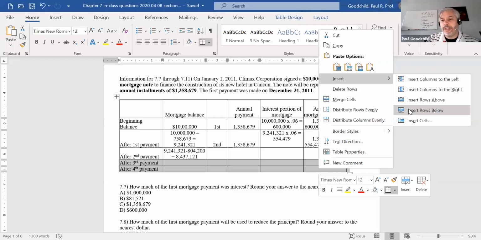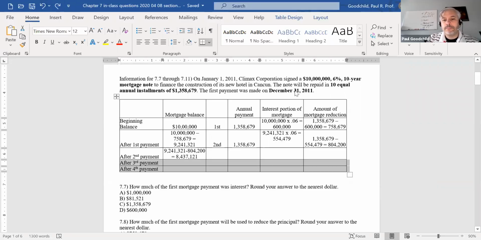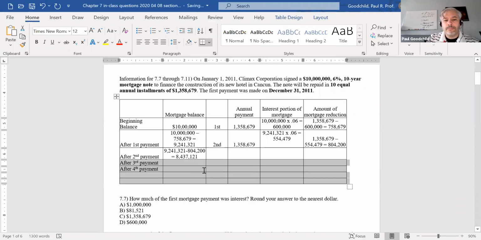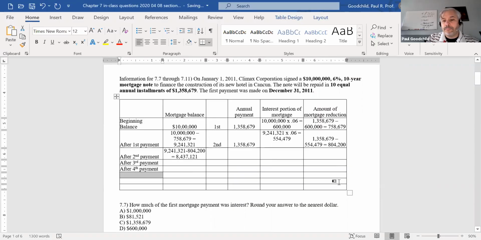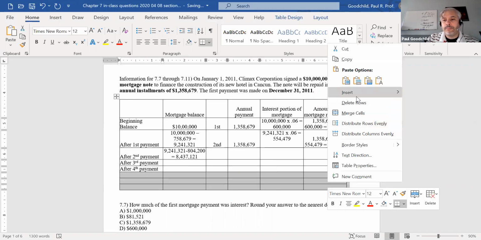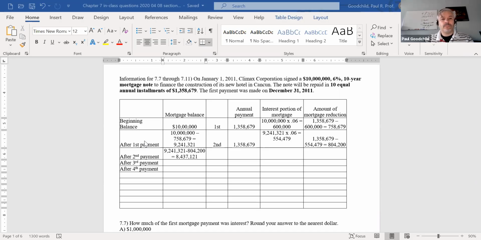Problem is the calculator is a little wonky. I'm setting something up in Excel here.